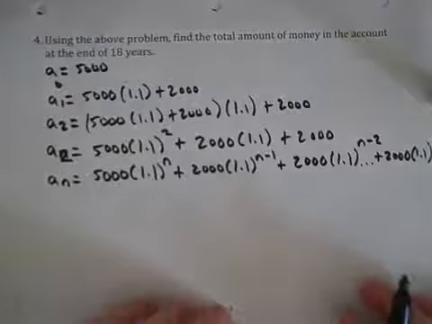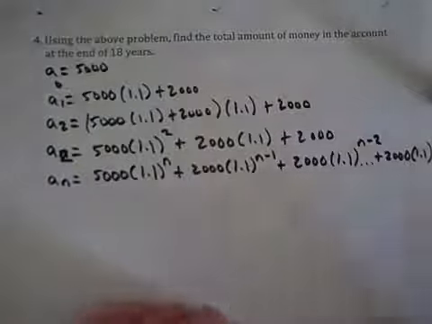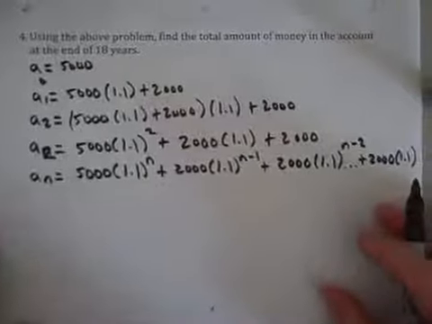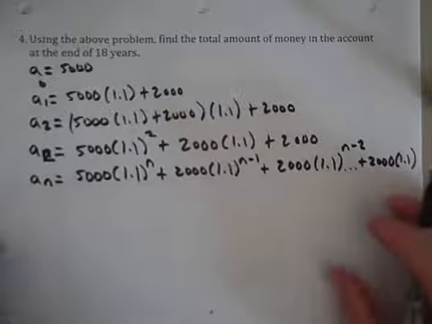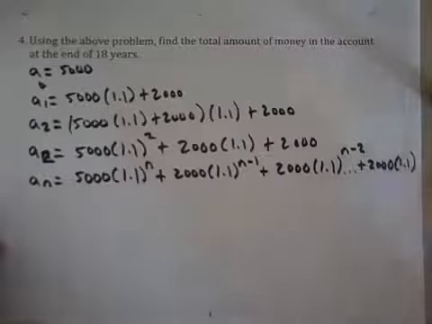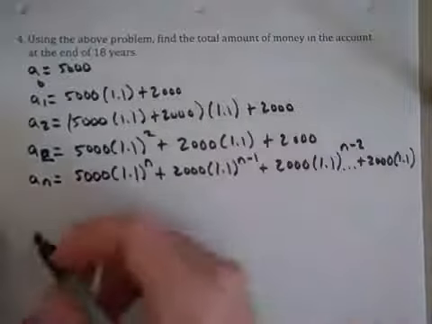And for the purposes of this problem, I'm going to ignore the last addition of $2,000. So at the end of 18 years, I'm going to assume my balance is my balance, and I'm not going to add an additional $2,000. Okay?